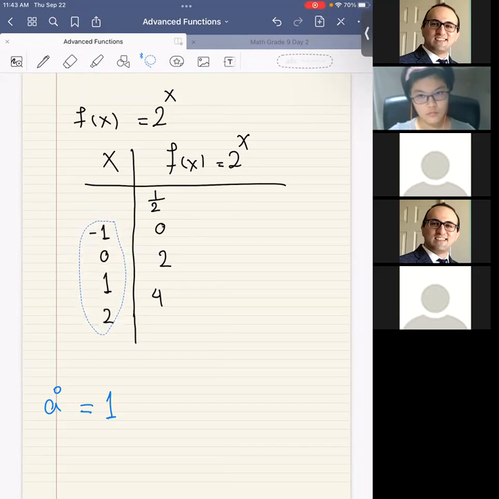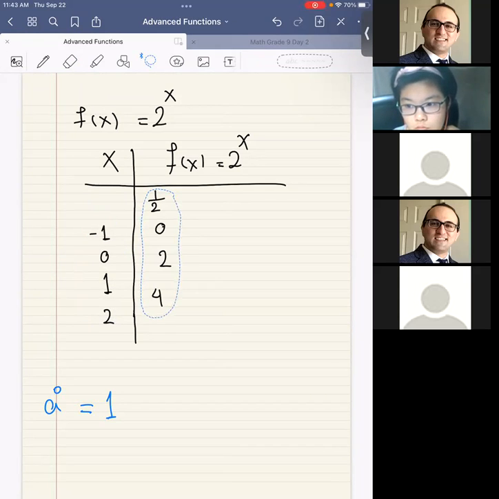So you see, something that you can observe here is that when x is a negative number and it's close to negative infinity, like negative 10, negative 100, what would be the value of f of x?